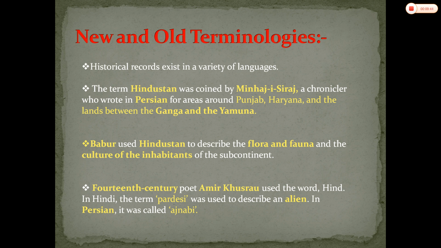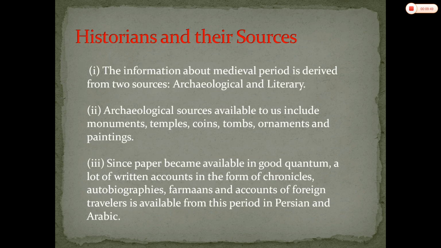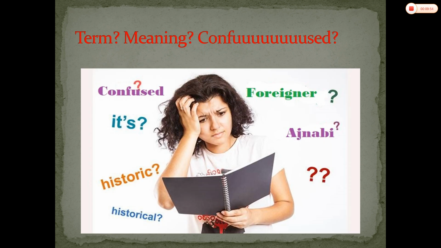In the same way, in the past, the term foreigner was also used for the unknown person. Initially, foreigner doesn't mean a person belonging to any other country. Foreigner simply means unknown person. If a person had come from a different kingdom, even from the same subcontinent, from the same country, then the people were calling them foreigner.